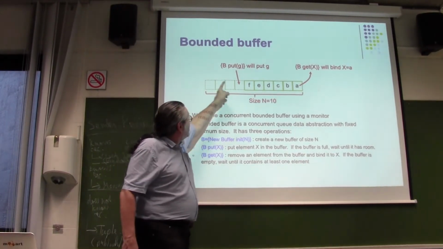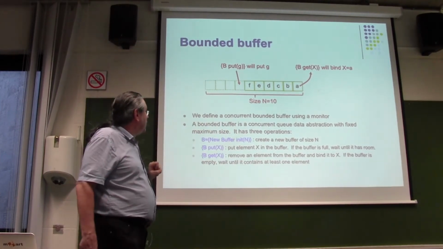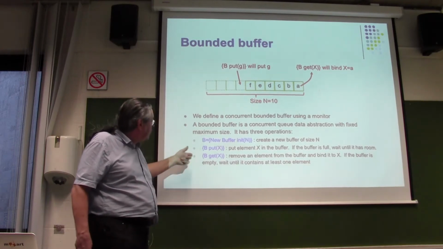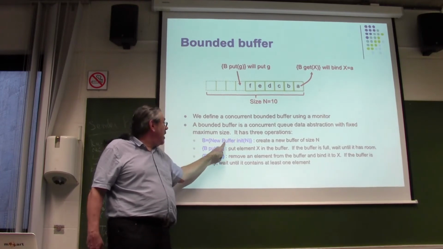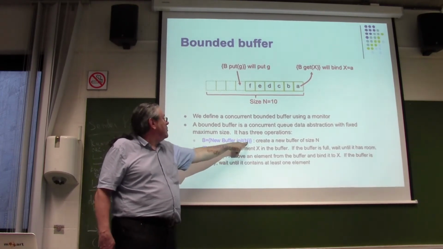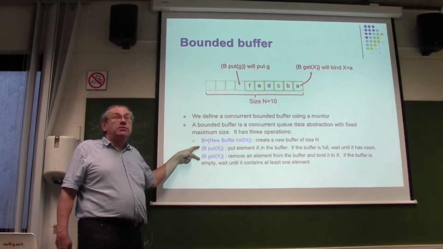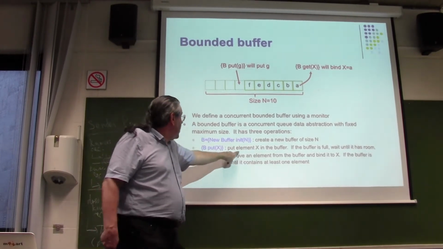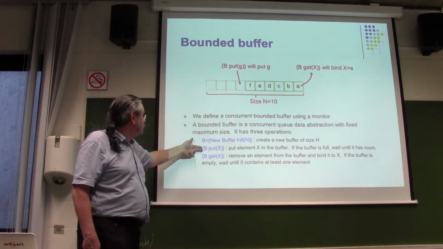Okay, so the put and the get operations, we're going to define using locks and monitors. The specification is here with three operations. So buffer is going to be a class. I create a new buffer B of size n, so a new buffer init n. And then there are two methods I can send. Put X: put element X in the buffer. If the buffer is full, wait until there's room.